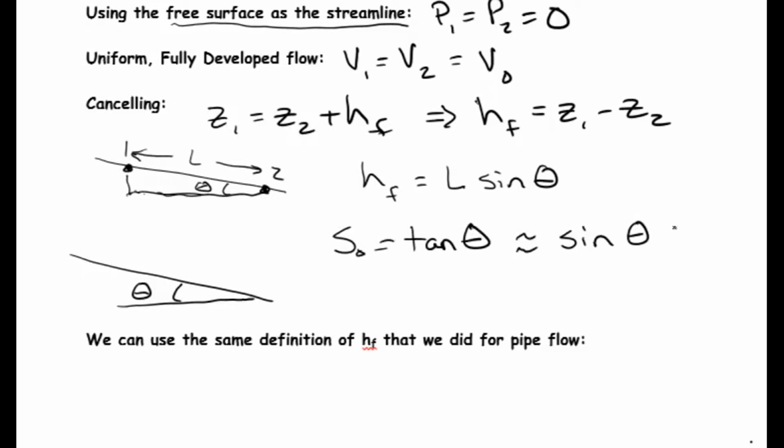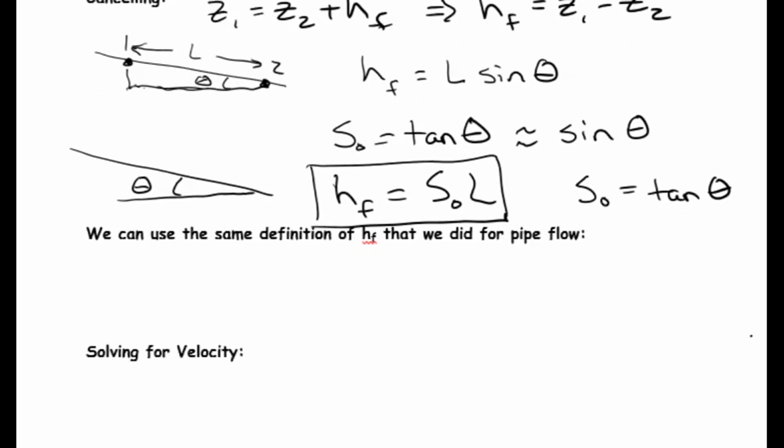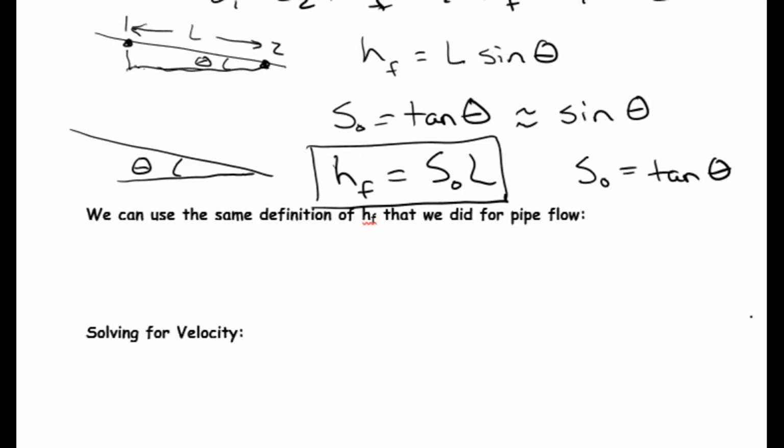You wouldn't have a channel that's going like straight down. So if that's the case, we can say our hf is actually S0 L, where again S0 equals tan theta, or sine theta, approximately the same. Okay, so the energy equation gave us a nice simple equation for head loss.